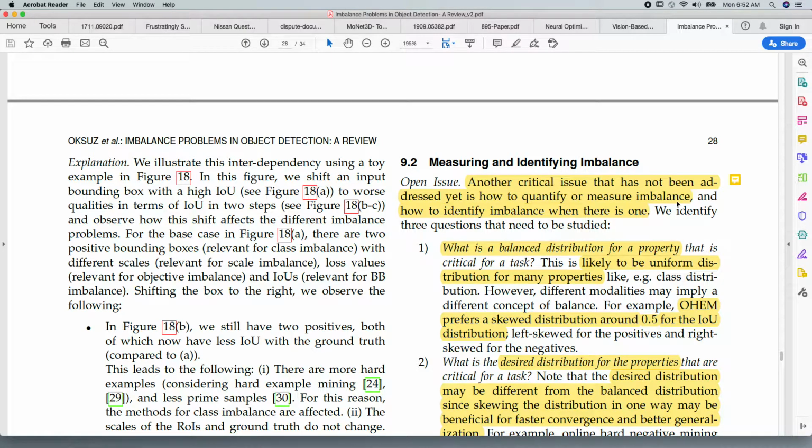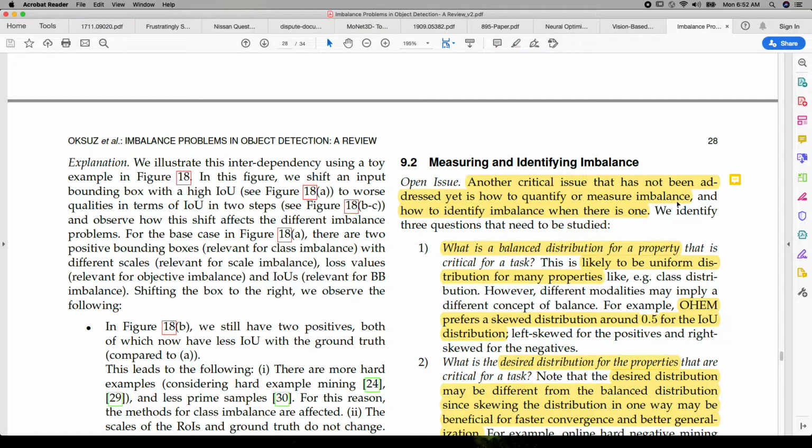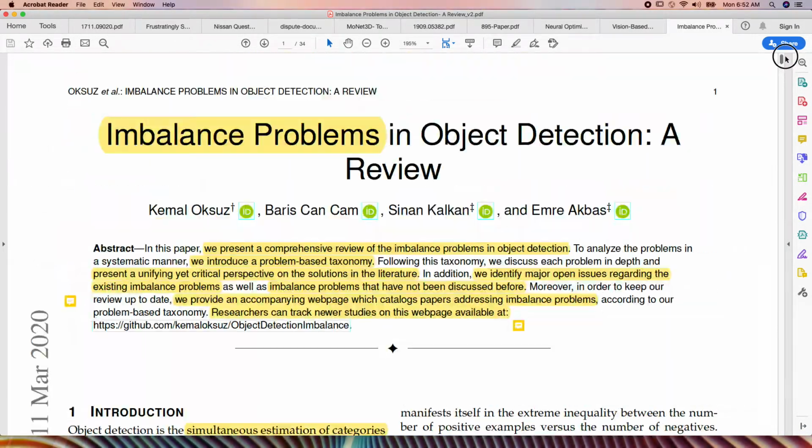So it's a critical question. How do we quantify, how do we measure imbalance? That's an open problem. Yeah, so we'll come back to that soon.